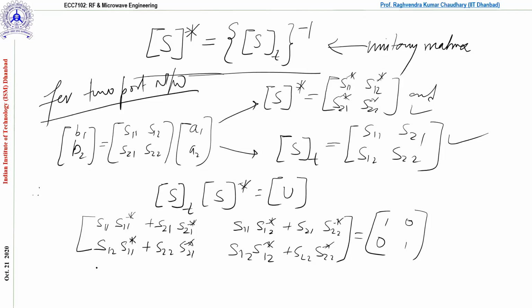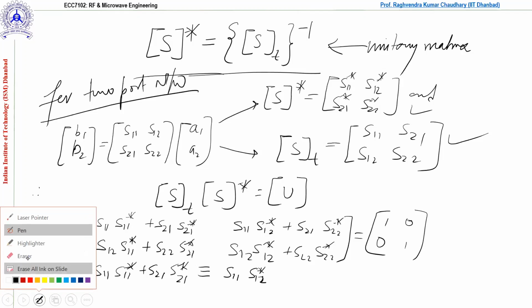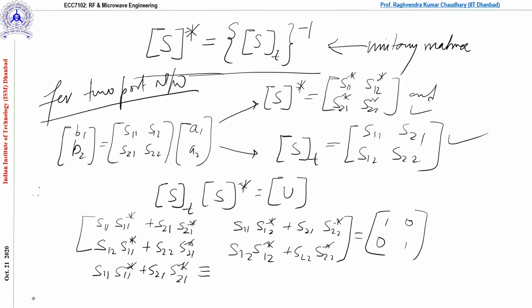The first condition is that S11 S11 star plus S21 S21 star is equal to 1, and similarly we will be getting S12 S12 star plus S22 S22 star is equal to 1.